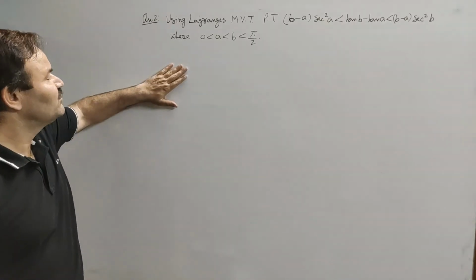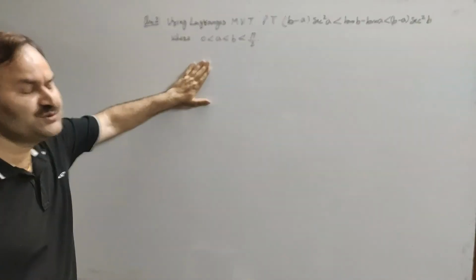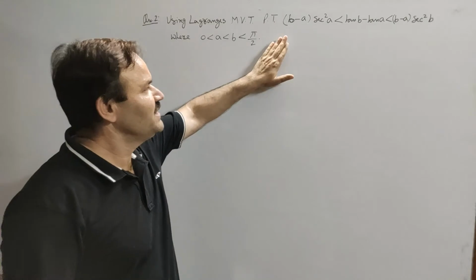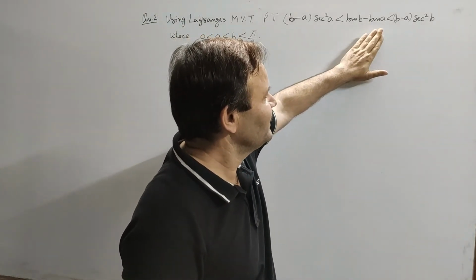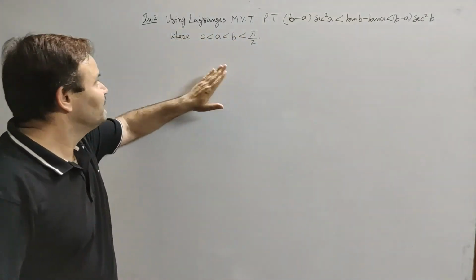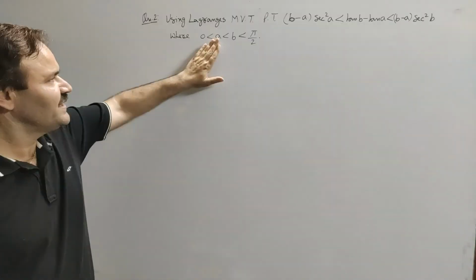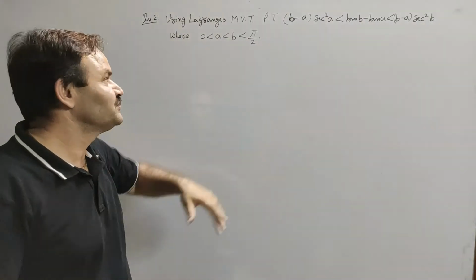Now we are taking one more example in which we have to use Lagrange's mean value theorem to prove b minus a sec square a less than tan b minus tan a less than b minus a sec square b, where 0 is less than a is less than b is less than pi by 2.